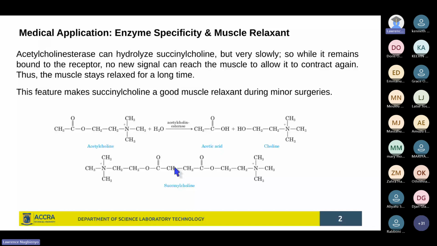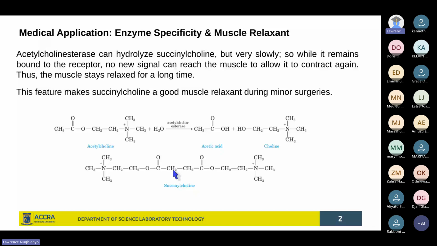By the time all the succinylcholine is broken down into acetic acid and choline and leaves the muscle cells to receive signal from acetylcholine to start contracting and relaxation again, the surgery would have been done. So that is a practical application of the knowledge on enzymes, their specificity, their activity in the body. So this is just one of them.